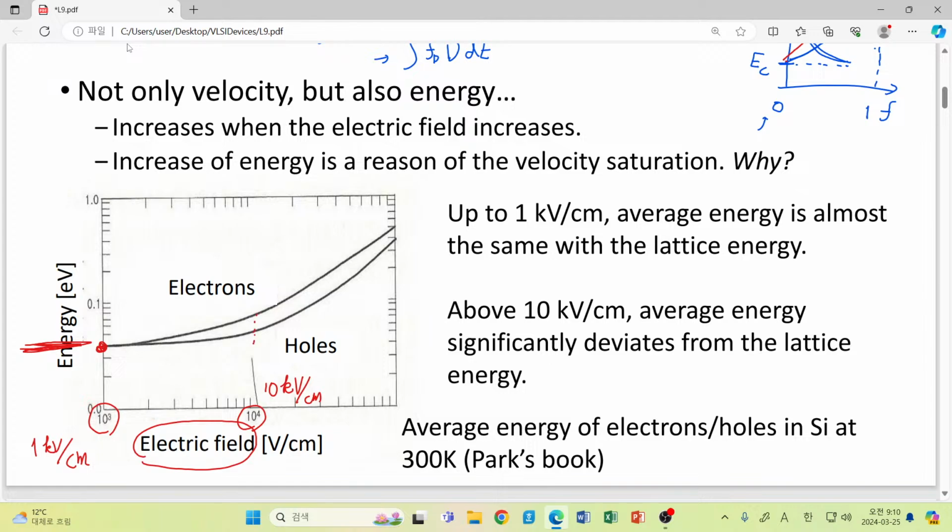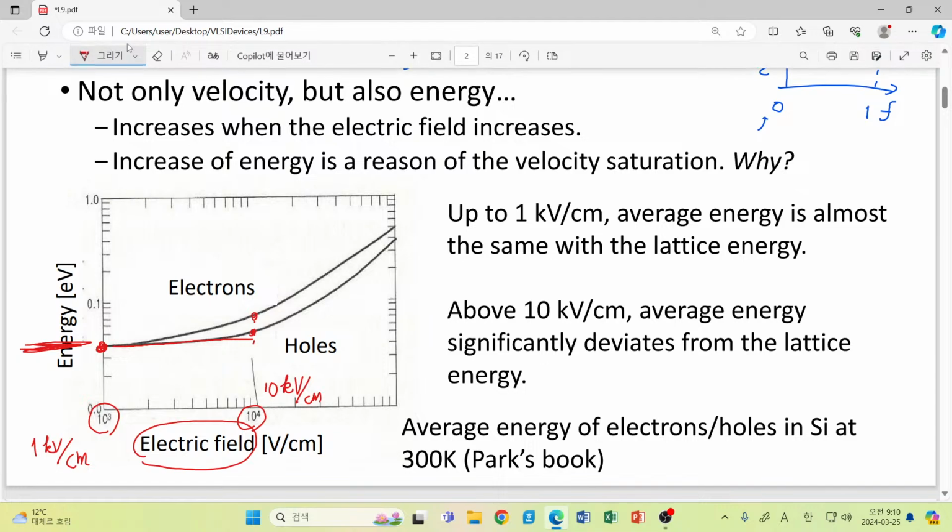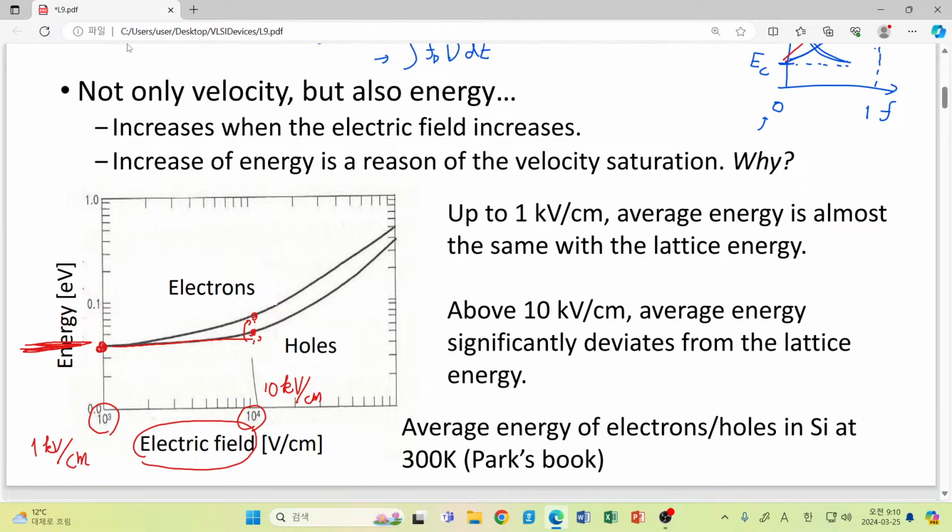Now you can observe the average energy of your electron gas is slightly deviated from the equilibrium value, and if you go to 100 kilovolt per centimeter, which as I told you should be regarded as quite high in terms of lateral electron transport, you can see that the energy is quite high.